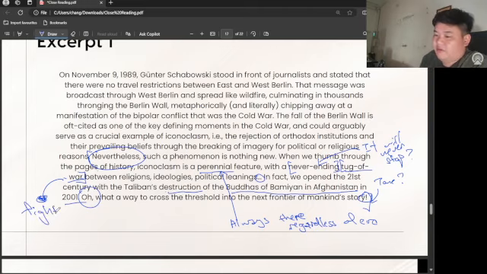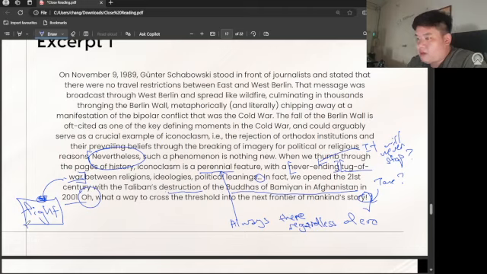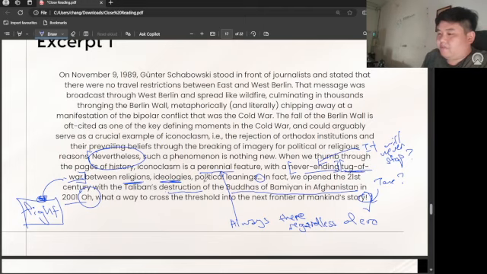When we say tug of war, we are referring to some form of conflict. People of different political leanings will also always fight with each other. Same goes for ideologies, and so on and so forth. And that's where we can see it will never stop. So people of different religions, ideologies, and political leanings will always fight with each other, and that justifies why iconoclasm is a perennial feature.